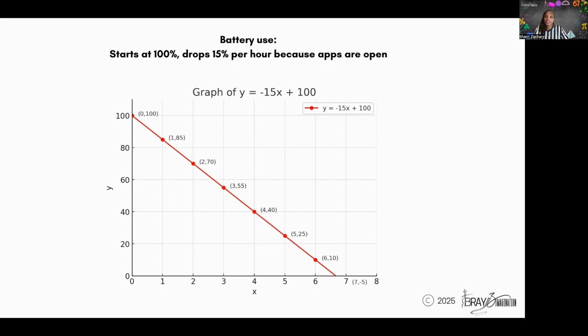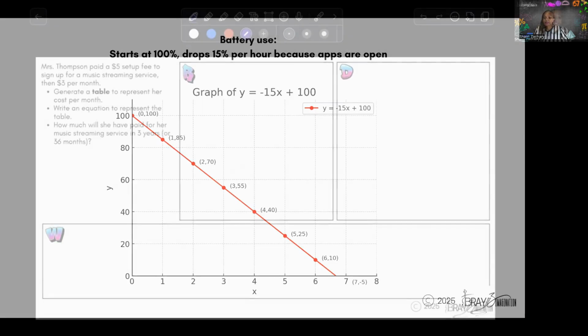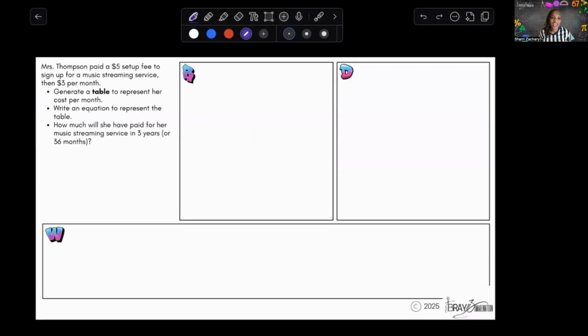Okay, so we're going to jump into a couple of questions. But again, just remember for this, students need to be able to identify tables and graphs that align with the situations that they are presented with. Okay, so as we see on the screen, we have a situation.